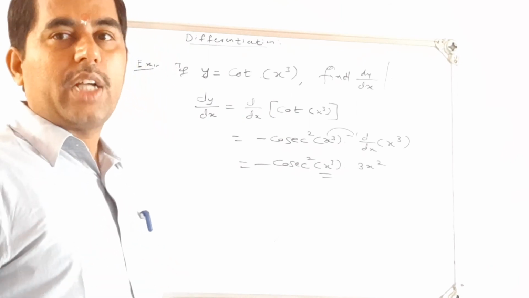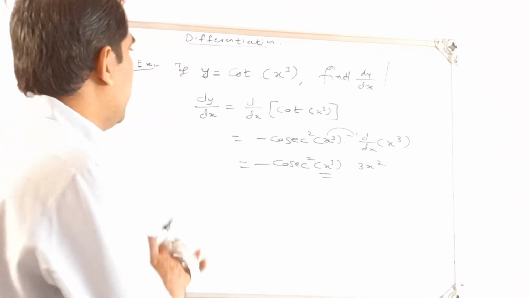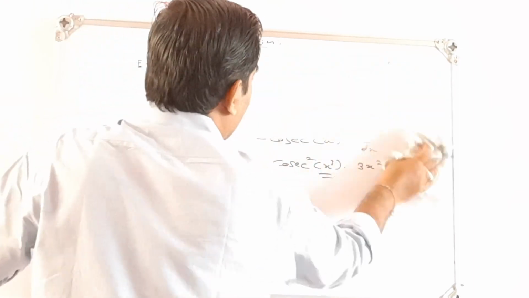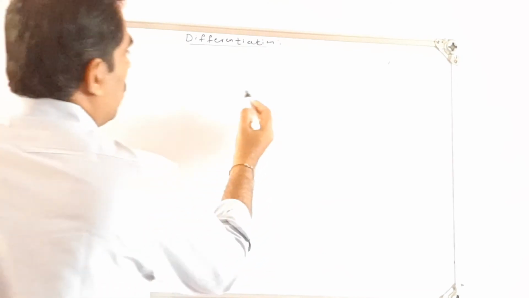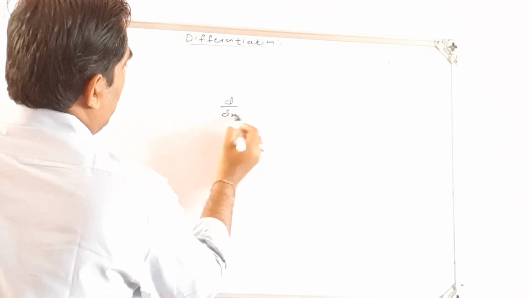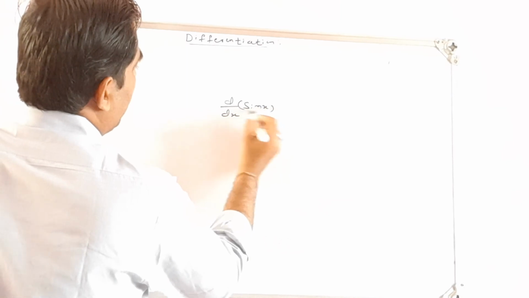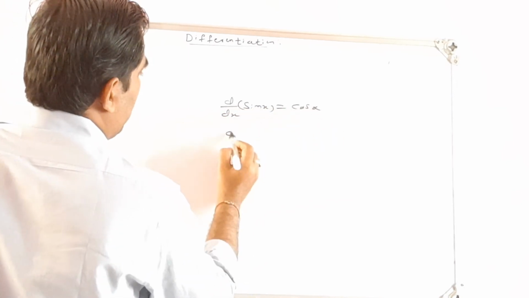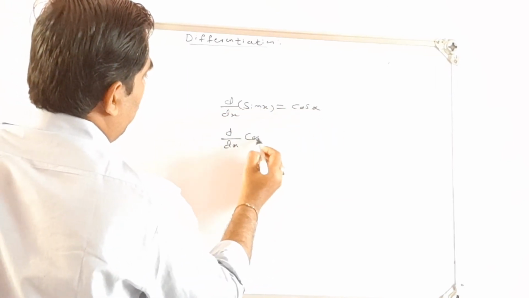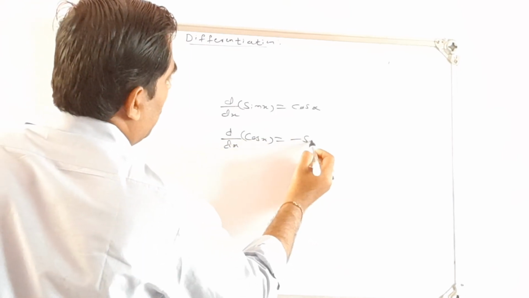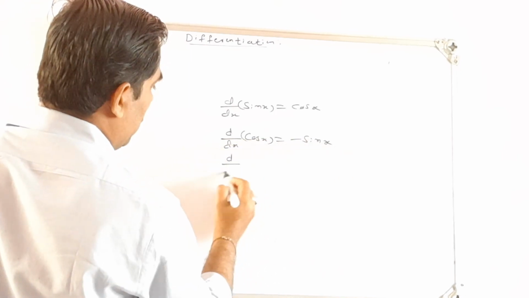This is called the chain rule of differentiation. Let me recall it again here. The derivative of sin x is cos x. The derivative of cos x is minus sin x.